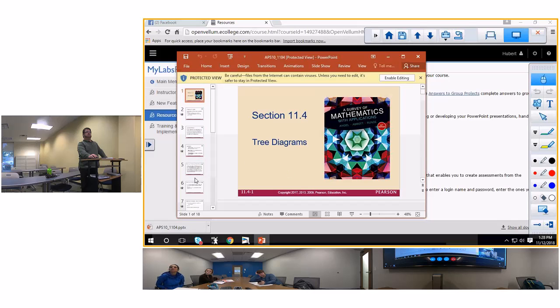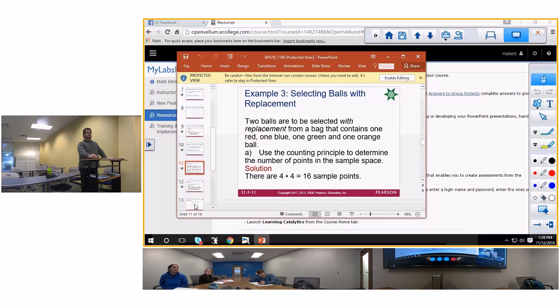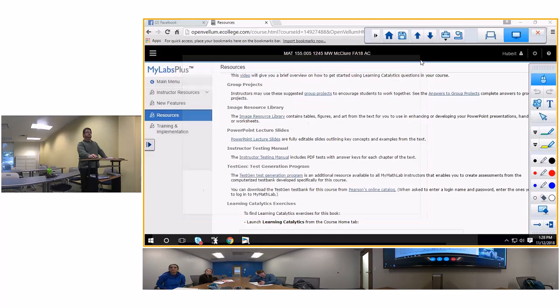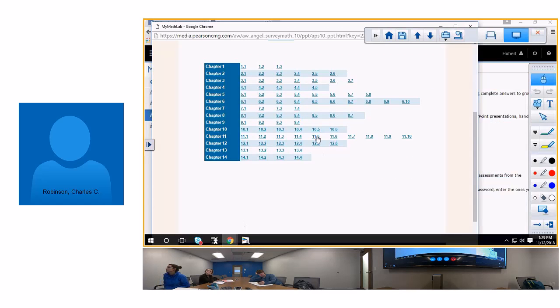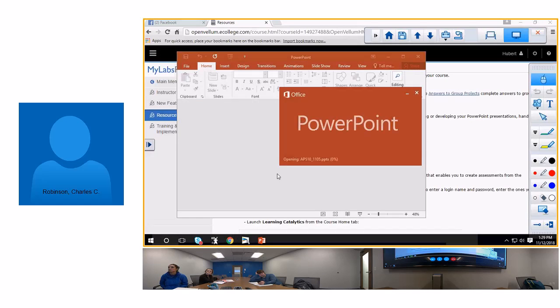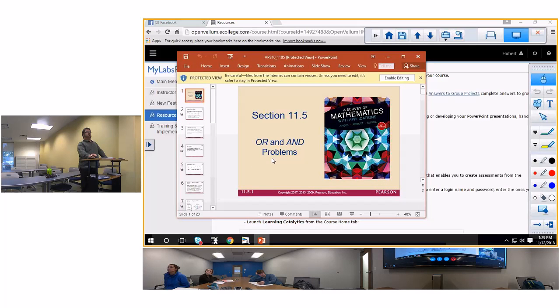No, we're not doing those. See if they get to the factorials. Not doing those. 11.5. There they are, 11.5. I think we may do 11.5, and that's it.